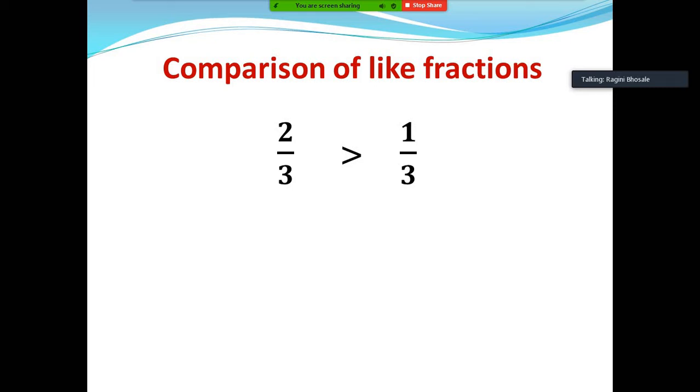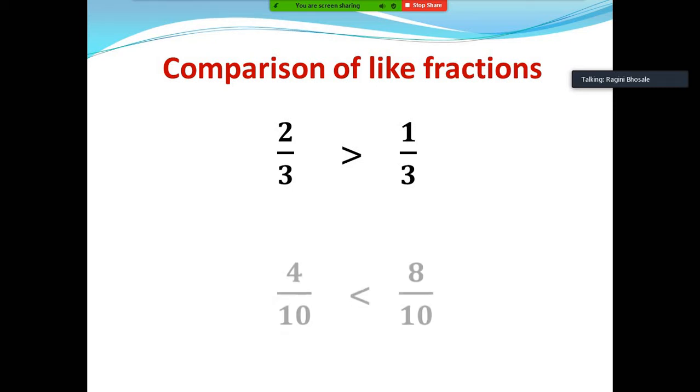They both have the same denominator. In the first fraction we have 2 as the numerator, and in the second fraction we have 1. We know 2 is bigger than 1. So 2 upon 3 is greater than 1 upon 3, and we have given the greater than sign to 2 upon 3.